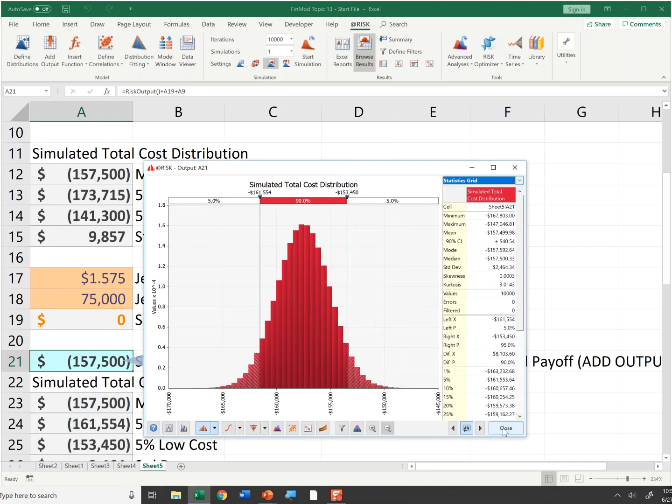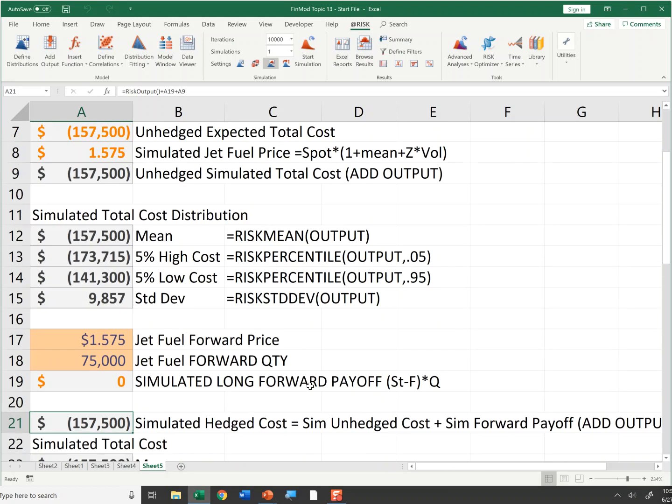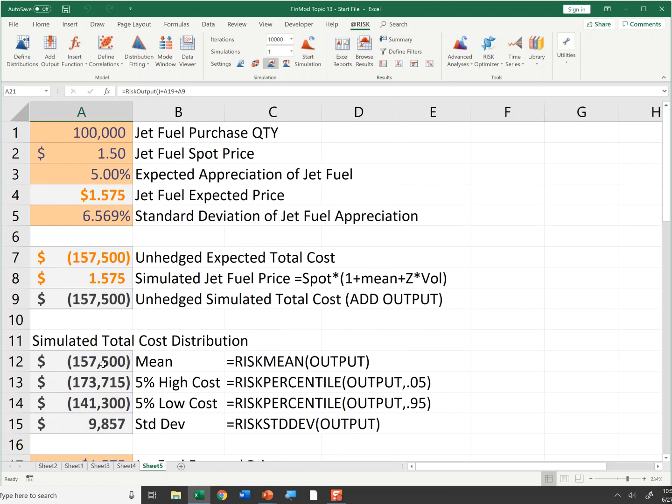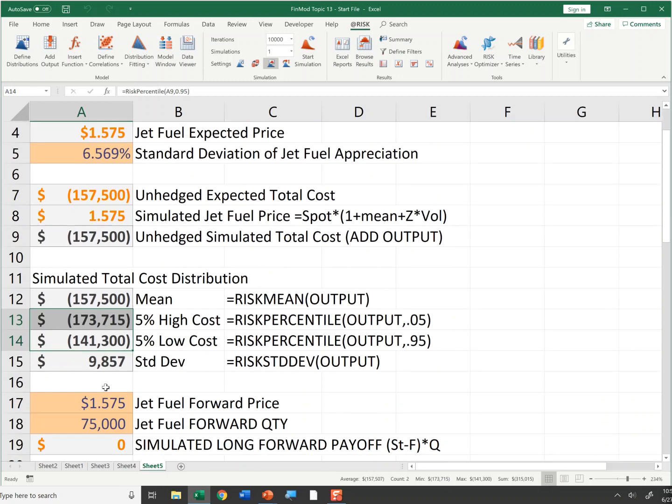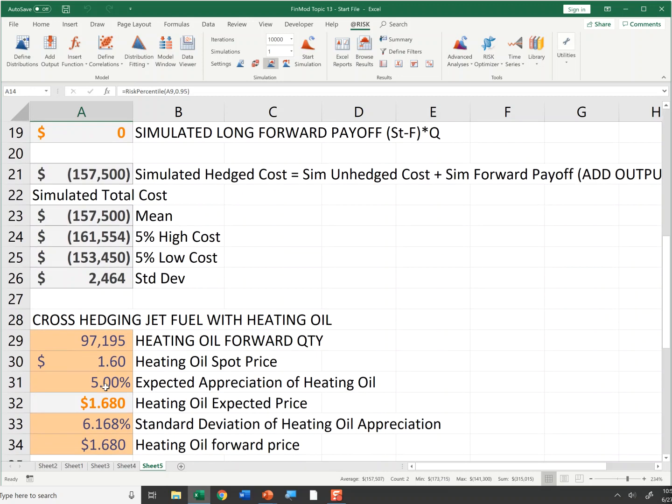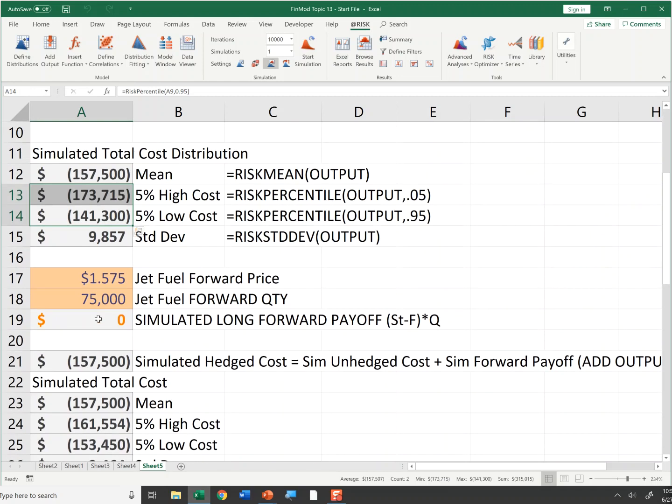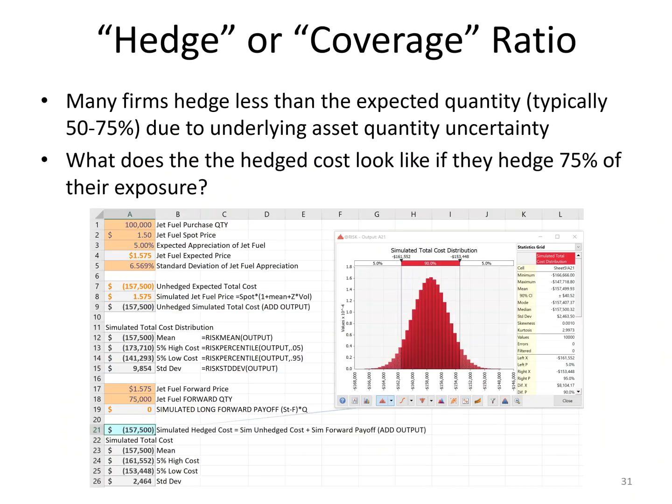So there's a little bit of risk left, but they are much safer than when they didn't hedge at all. Their exposure was between 141 and 173. So I'm going to change that back to a quantity of 100,000. I'll run it one more time and get ready for the next section.